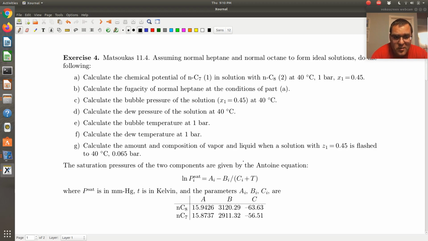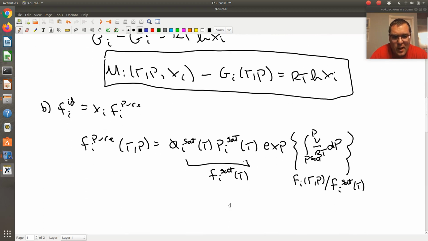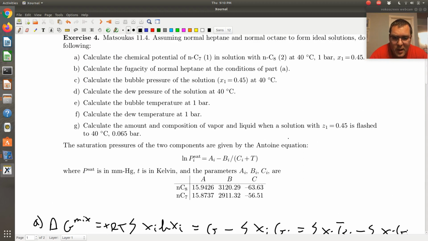Okay, and here our system is at 1 bar. So I'd have to imagine that our Poynting correction, that P minus P sat term, and you could go and calculate your corresponding P sats. But I'd assume that this term is approximately equal to 1, is negligible. Again, you could go and calculate. Are we looking at component 1 or component 2? We're looking at heptane.